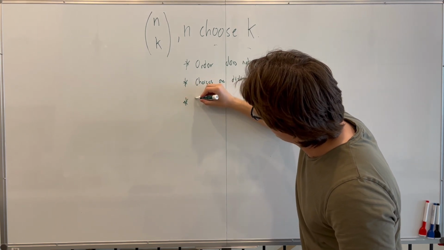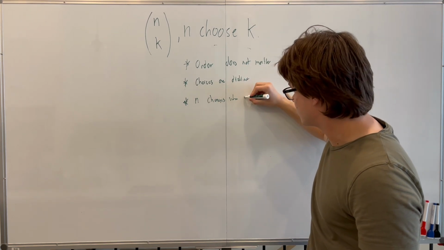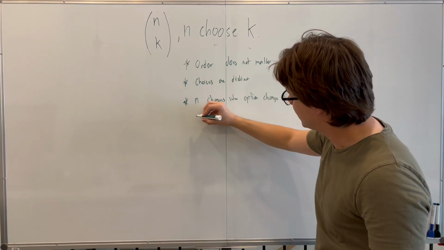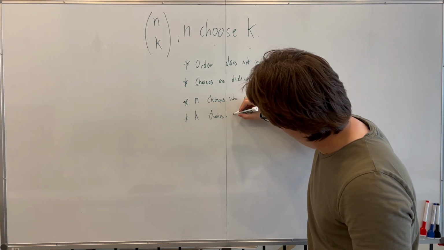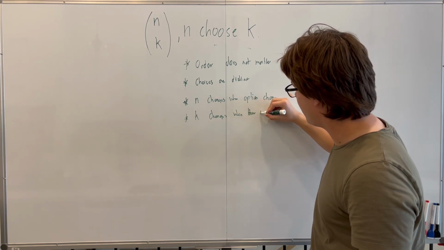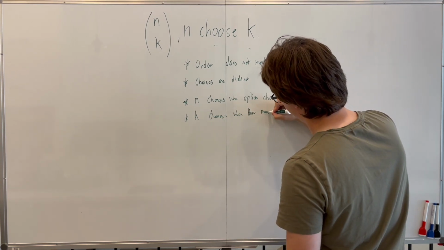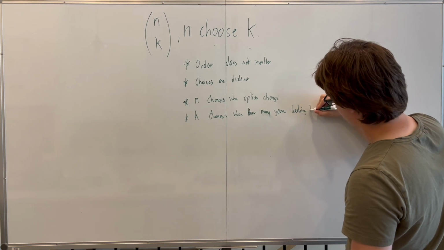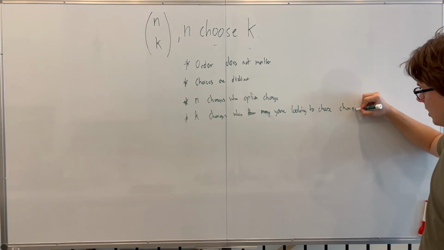We learned n changes when your options change. And then k changes when how many you're looking to choose changes, right?